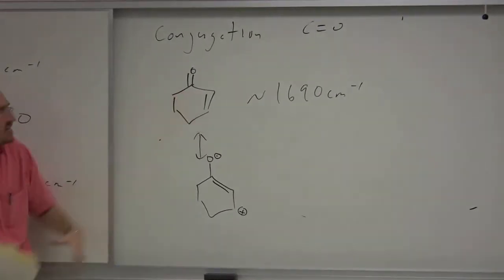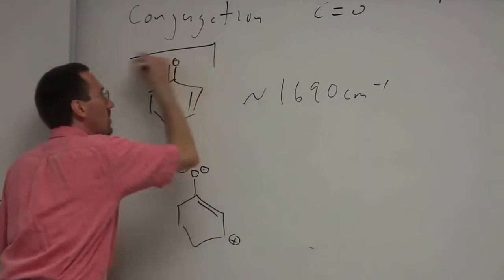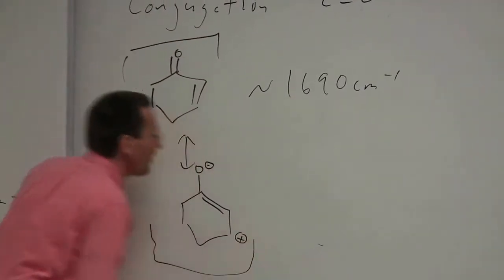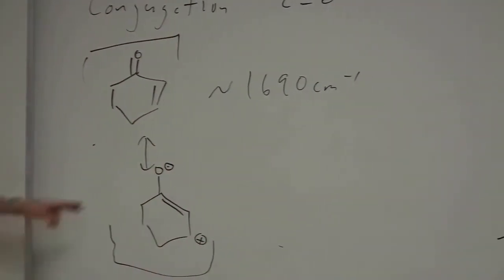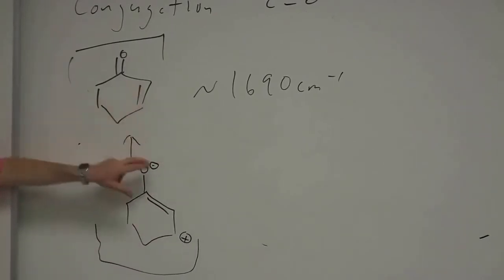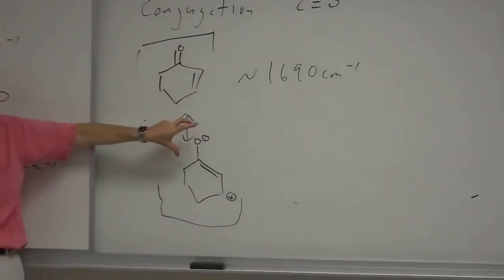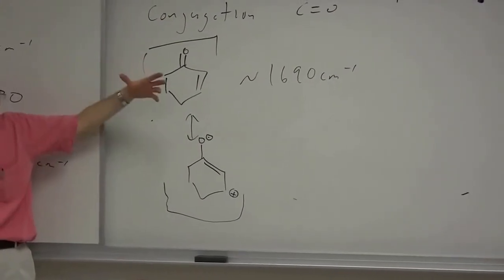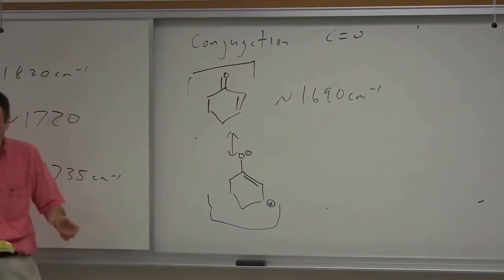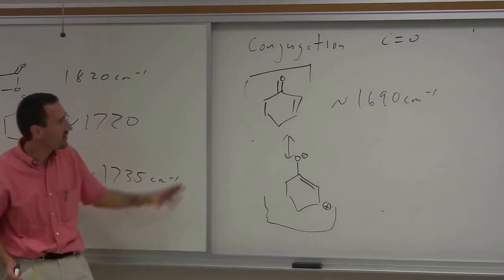This is a representation of the molecular orbital character of the molecule. And so the molecular orbital character of the molecule says it's not quite a full double bond. It's a little bit weaker. It's 90% double bond, 10% single bond character or something to that effect.